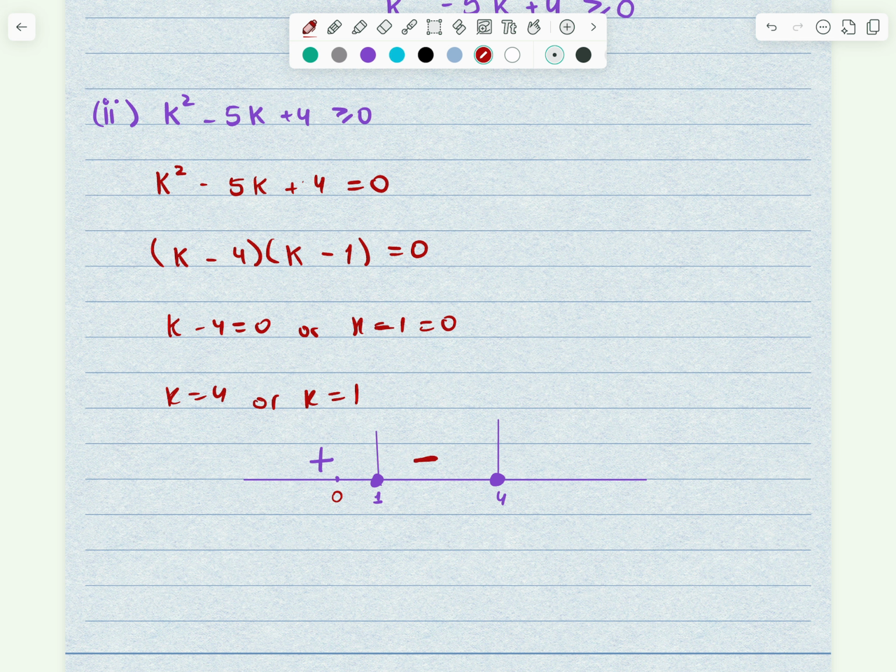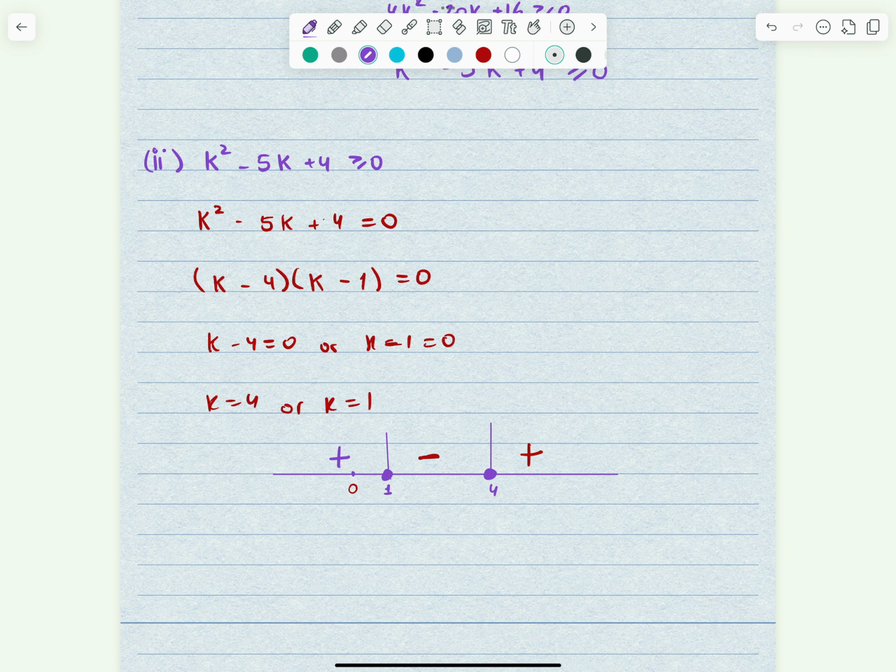If this is positive, the next will be negative, and the one after that will be positive. You find one, and then each section just changes the sign: positive, negative, positive. To check, you can take 5 or 10 or any number bigger than 4, put it in the expression, and check that it's positive.